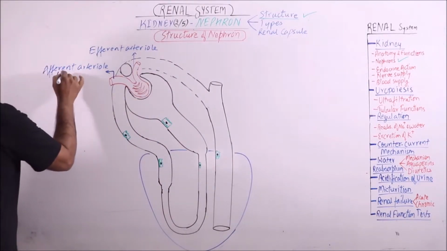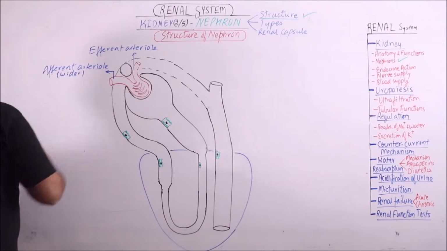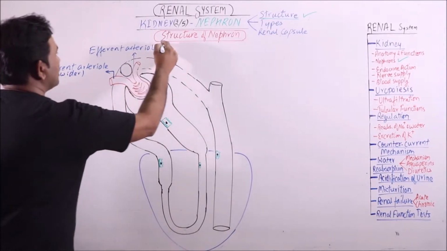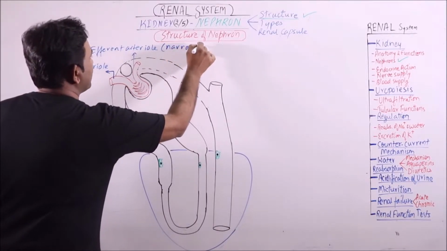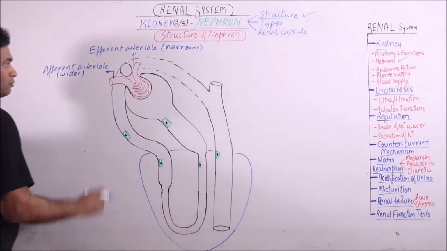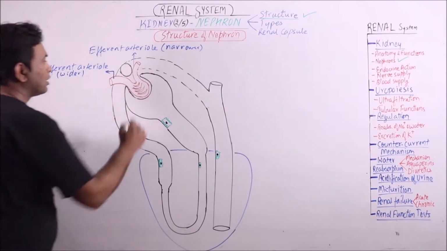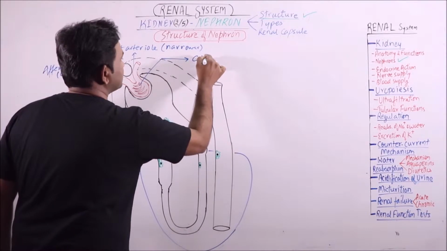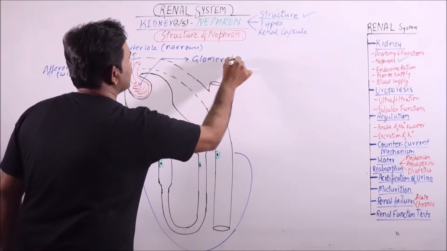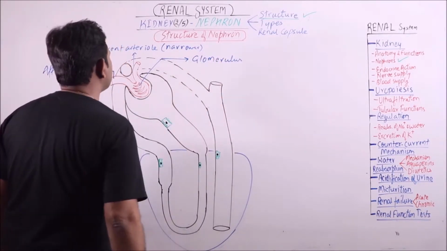This is wider. It is having diameter up to 50 micron, and this is narrower, having diameter up to 25 micron. Both are forming a tuft of capillaries, that is glomerulus in the Bowman's capsule.